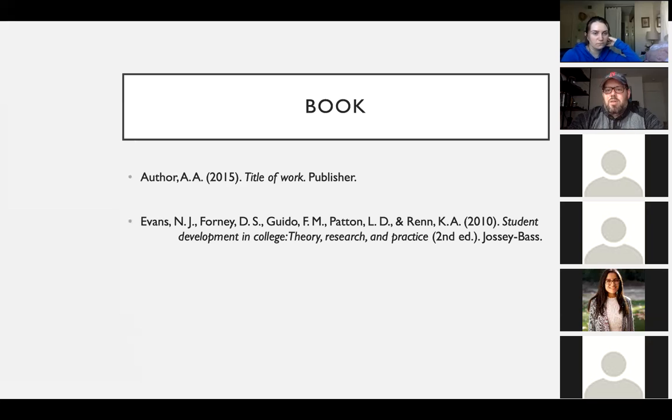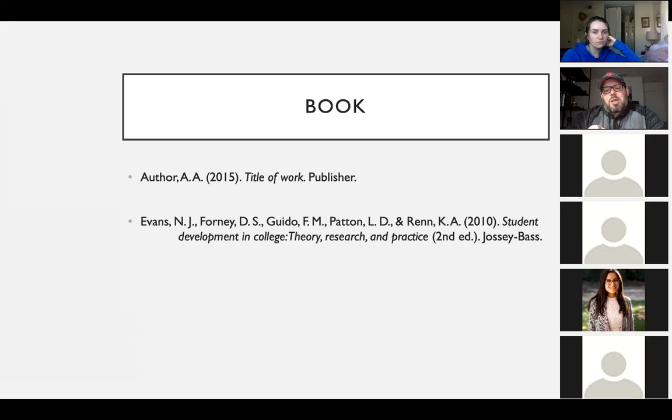That is the title of this book that has been cited. And so Student is capitalized, Theory is capitalized because it's the first word of the subtitle, but every other word is lowercase. Now, let's say that we had Student development in college in the United States. Well, then United States would be capitalized as well, right? So that's an example of a proper noun that would be capitalized.